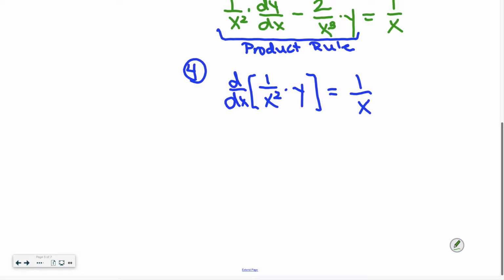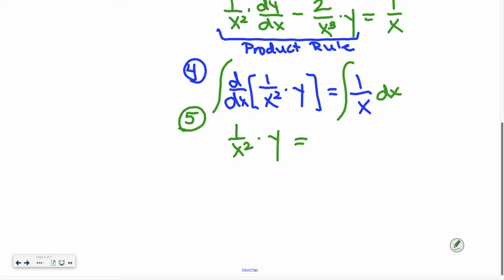Okay. So now our fifth step is to integrate both sides. Okay. And the integral of a derivative goes away. The integral of 1 over x is the natural log of x plus c.